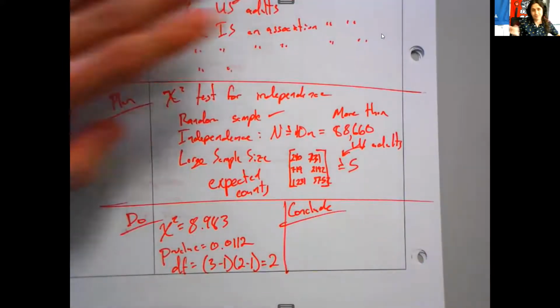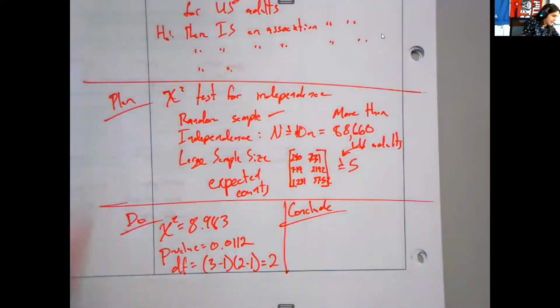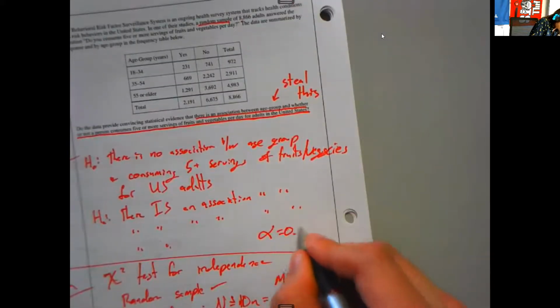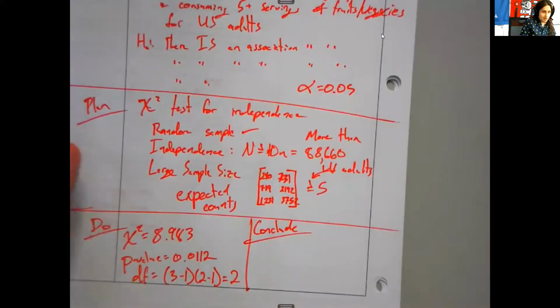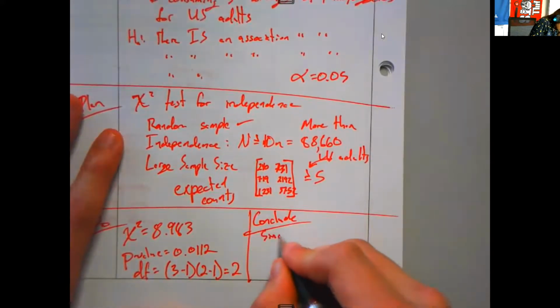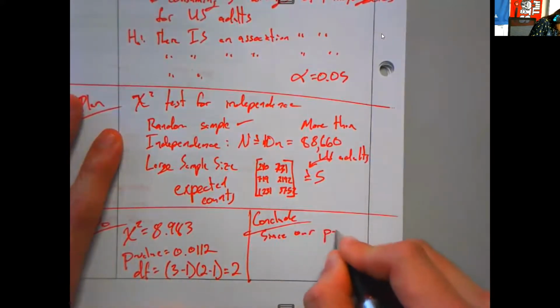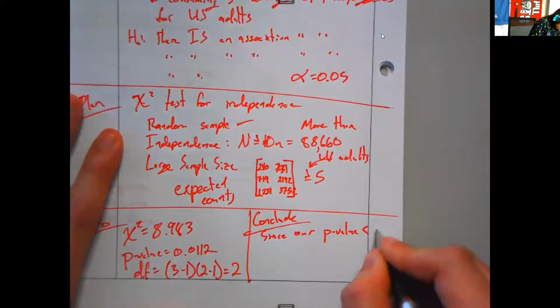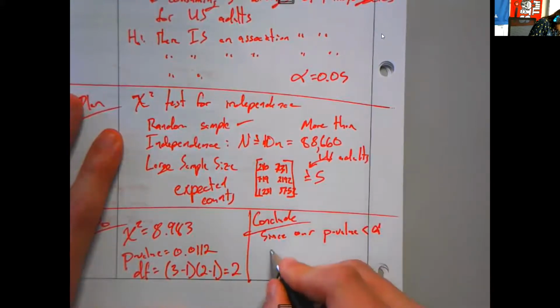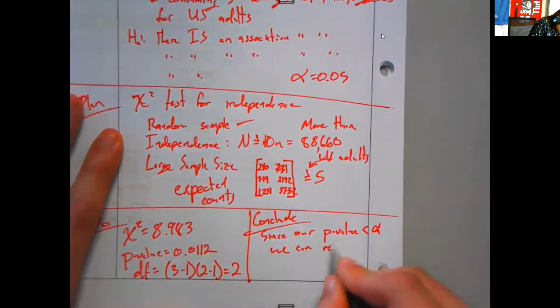Here's where you actually have a decision to make. We didn't pick an alpha. I'm going to pick alpha equals 0.05 up here. It's going to allow me to reject since our p-value is less than alpha. We can reject the null.